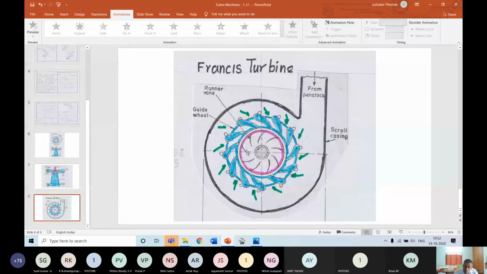How does it do it? It will do it by varying the input energy. Okay, if the turbine is slowing down, the governor should see to it that more energy is input, so that the speed will pick up. Similarly, when the speed increases, you cut short on the amount of water entering the turbine.